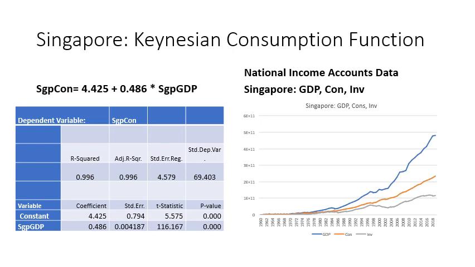The constant comes out to be estimated at 4.4, and the marginal propensity to consume, which is the coefficient of the GDP, is 0.486. So this has the interpretation that if you increase the GDP by $100, then $48.6 of this will be consumed.